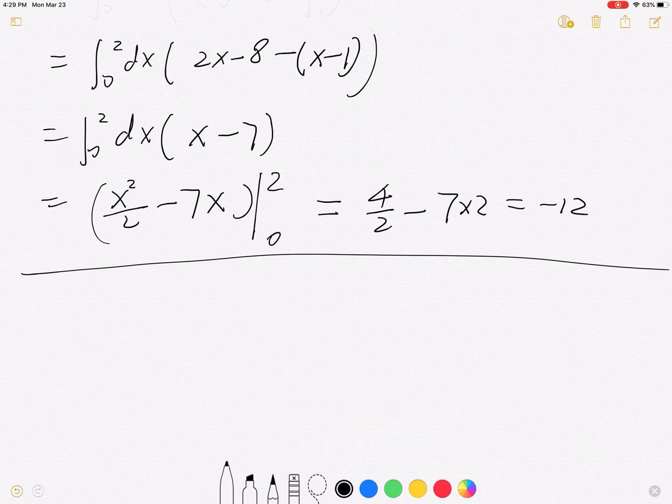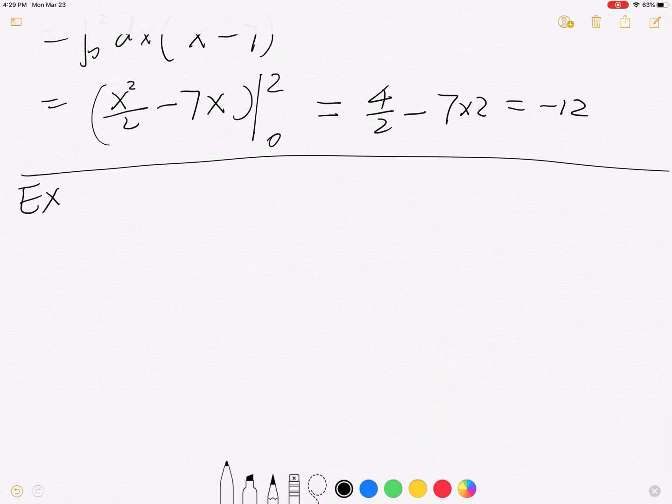Next, we will discuss the following example. The above example shows the order doesn't really matter when evaluating the integral, but the following example shows the contrary.